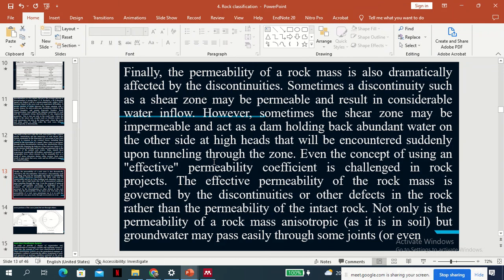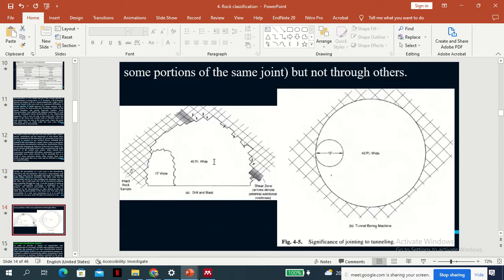Not only is the permeability of a rock mass anisotropic as it is in soil, but groundwater may pass easily through some joints or even some portions of the same joint, but not through other faces. Even for the same joint, there is difficulty in certain portions depending on what has filled the joint. So getting a representative way to describe this flow scenario might be challenging.